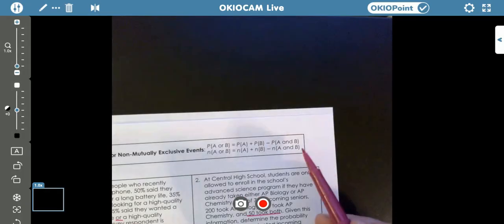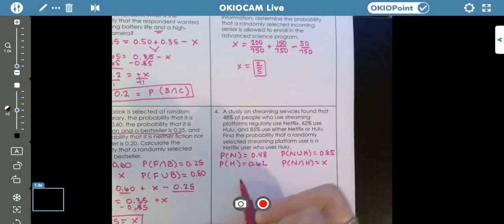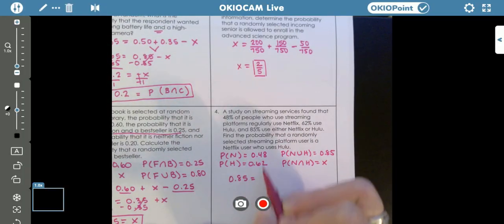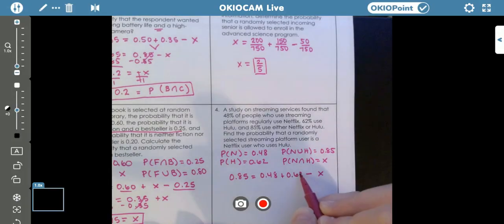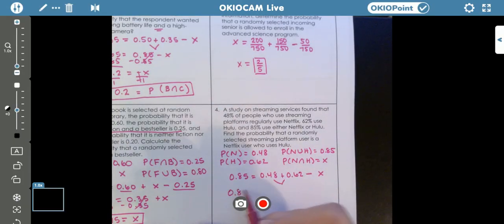So again, if I look at that formula on my formula sheet, the formula says the OR, which is 0.85, equals one of them plus the other one by itself minus the overlap, which in this case is X. So then I combine my like terms, and I get 0.1 minus X, sorry, not 0.1, 1.1, my bad.